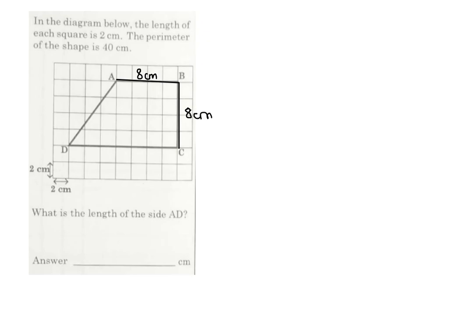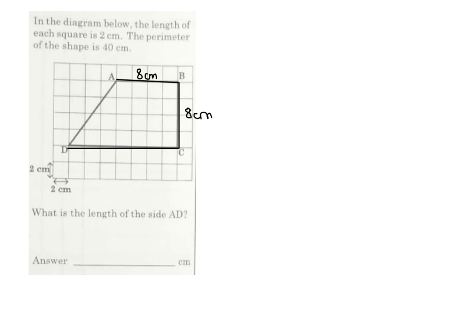Let's see what is the length of DC. Alright, so we're going from here to here now. How many blocks is that line covering? 8 blocks.